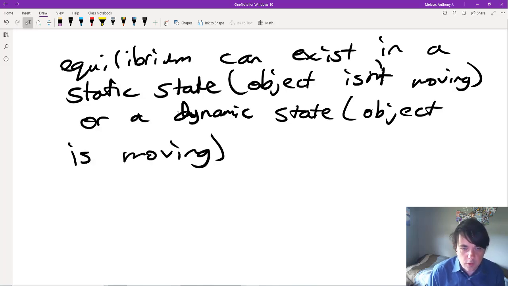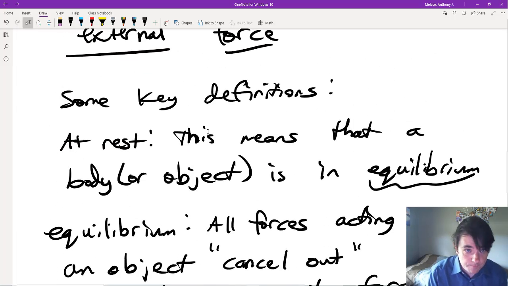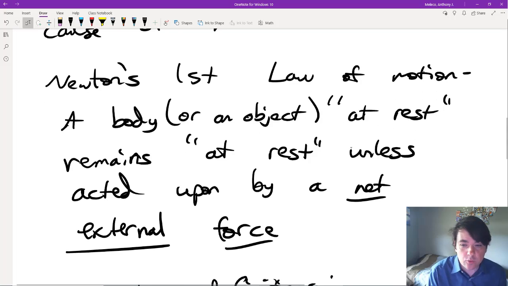So what this means is you can be in equilibrium and be moving. It is possible, theoretically at least. Potentially on Earth as well. But you can also just be not moving at all, and you will be at equilibrium. So that's at rest. That means you're in equilibrium.